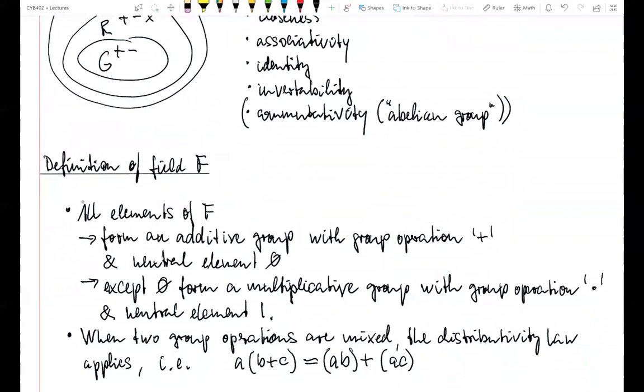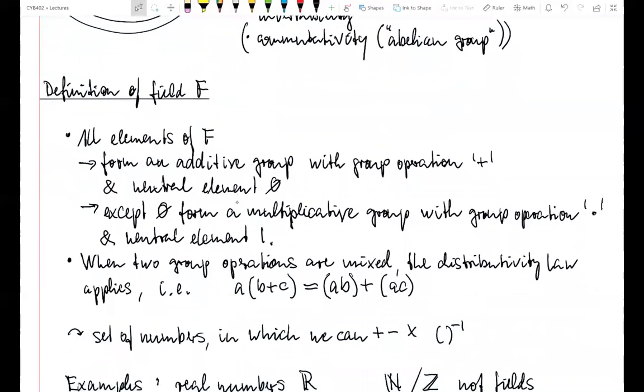So all elements of a field form a group under addition with the group operation plus and the neutral element 0. So we just discussed that. But fields also, except 0, are a group under multiplication.